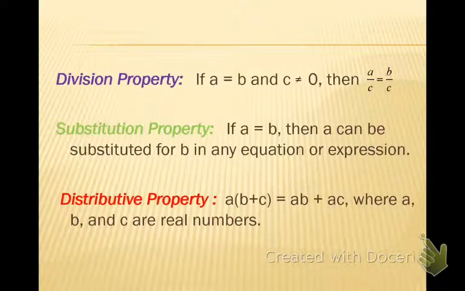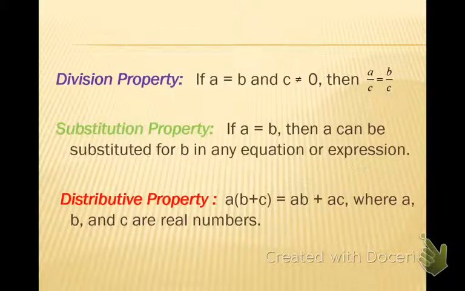Then there was something called the substitution property that maybe we didn't use as much in Algebra 1. If A equals B, then we know that we can substitute A into any other equation or expression where B might be.